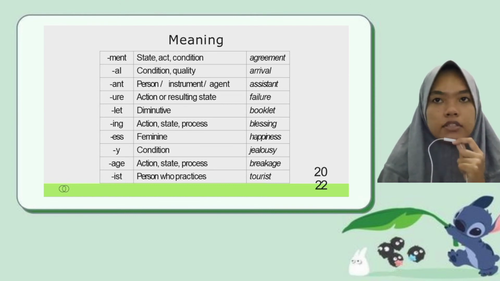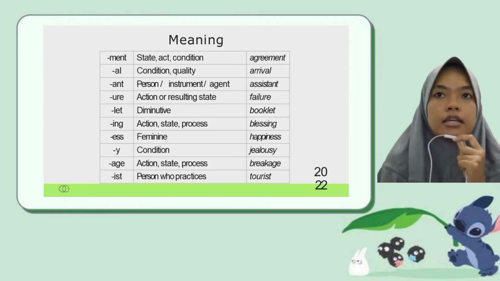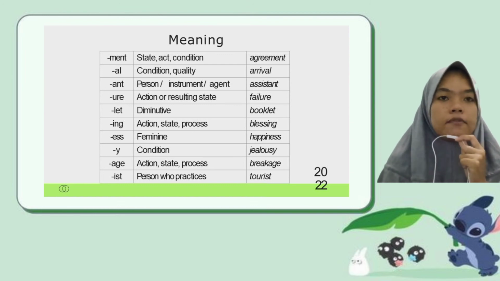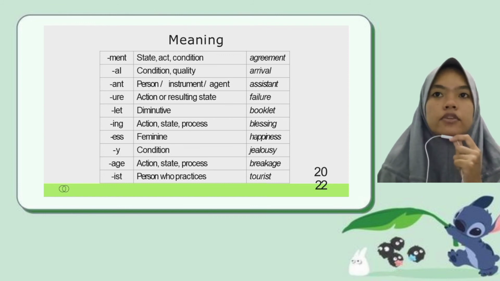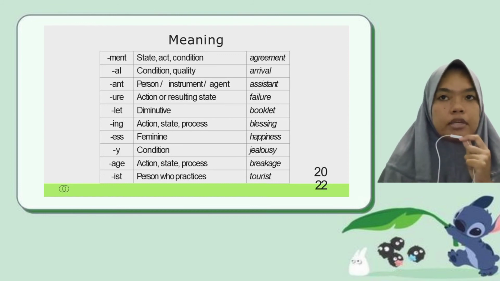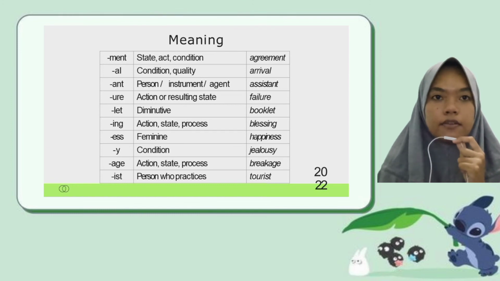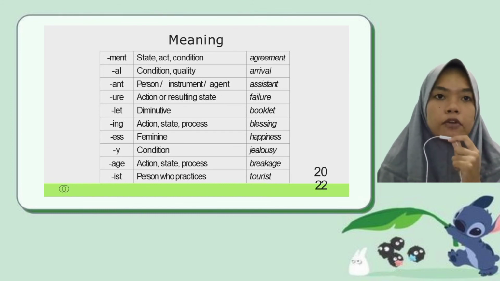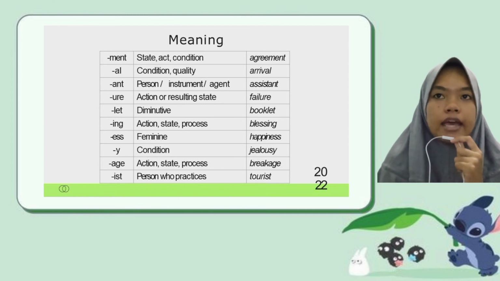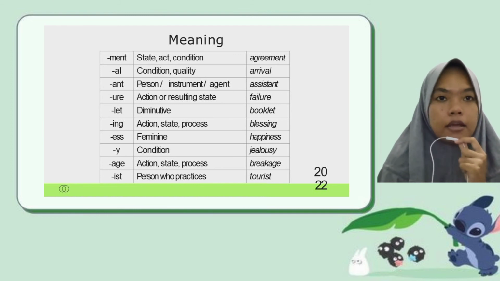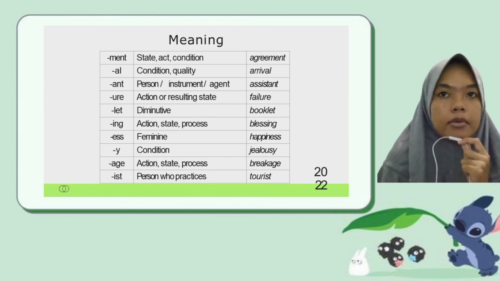And the suffix -let has the meaning diminutive, and for example, booklet. The suffix -ing has the meaning action, state, and process. For example, blessing. The suffix -ess has the meaning feminine, and for example, happiness.